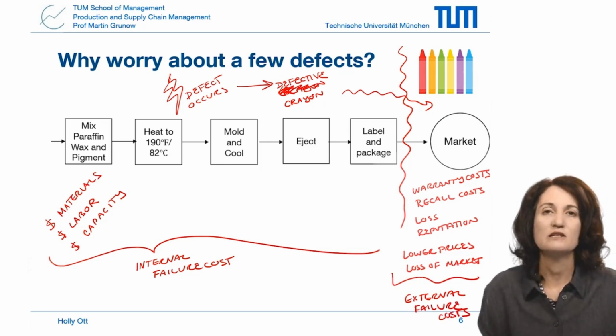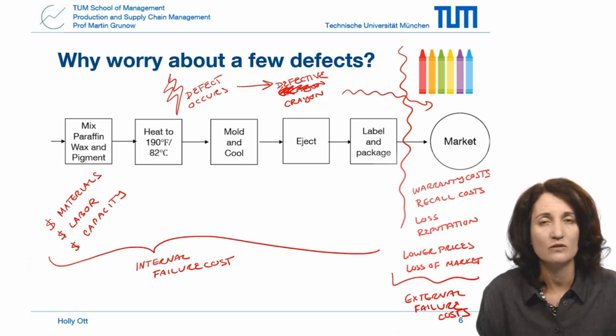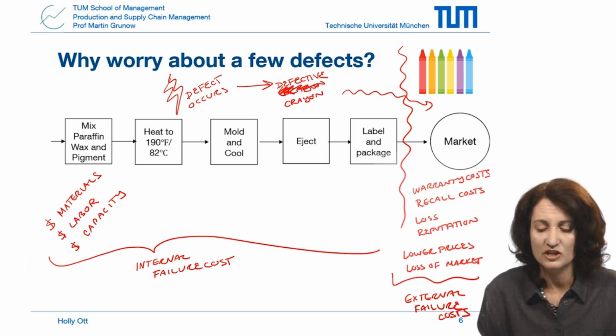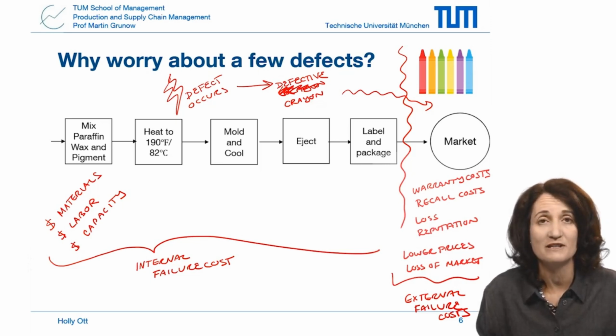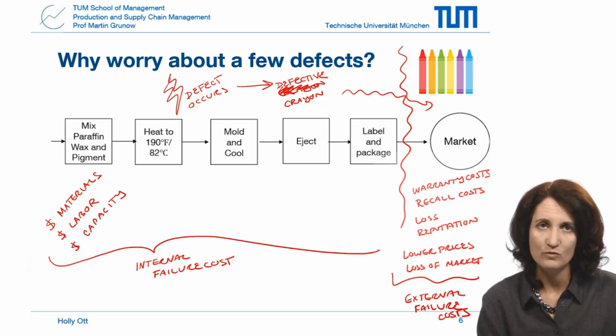And these external failure costs are often underestimated. So even if you're arguing that the scrap of the material is not that much, there's other things you need to think about. And one of the most important ones is what happens if that defective part gets out to the market. And there's one more thing here. Can you think of one more problem?